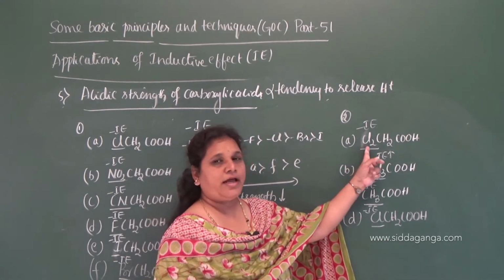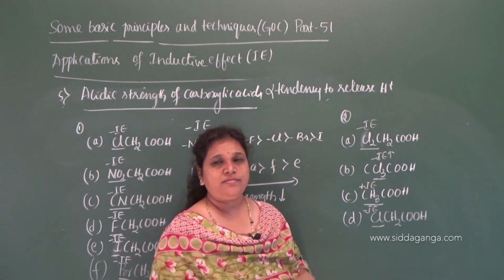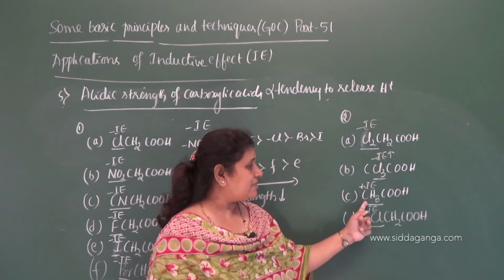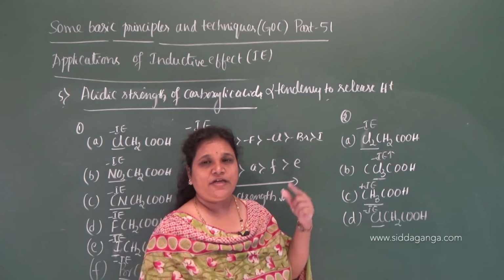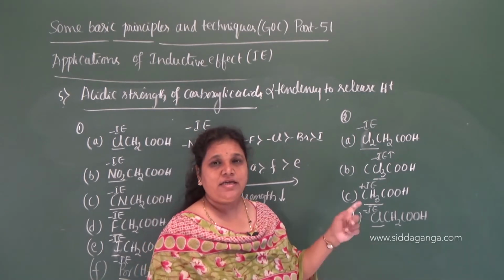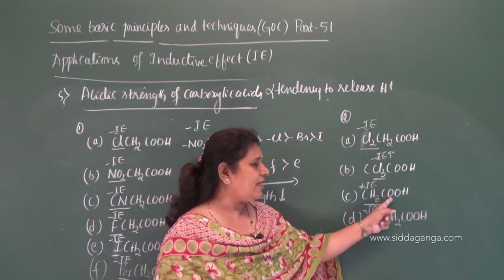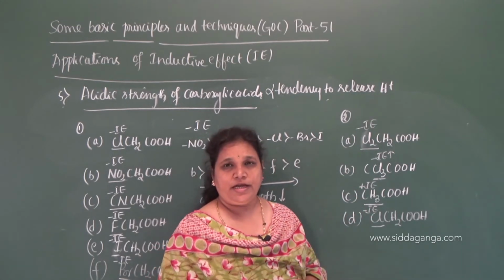Here two chlorine atoms, more minus I effect. Here three chlorine atoms, further the negative inductive effect is more, but this exerts positive inductive effect. As we know, minus I effect is directly proportional, and a group with plus I effect is inversely proportional. The presence of a methyl group decreases the acidic strength because it exerts positive inductive effect.